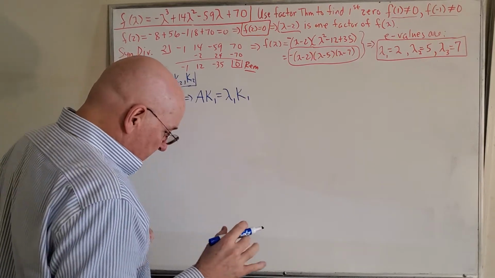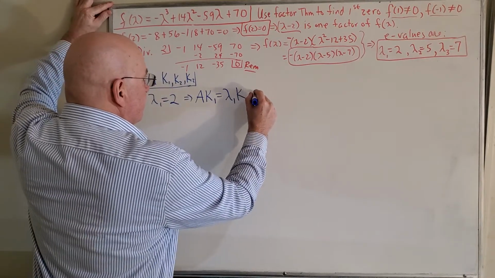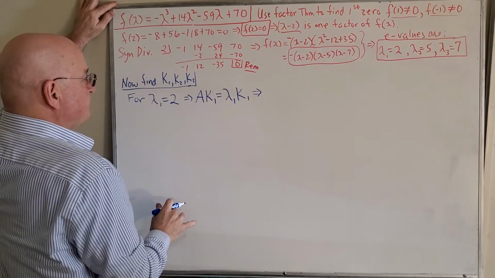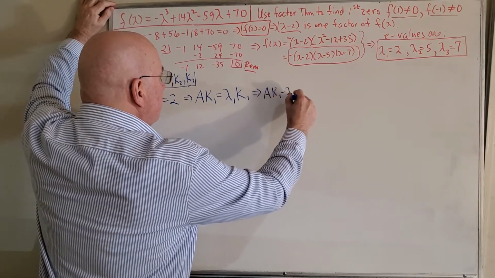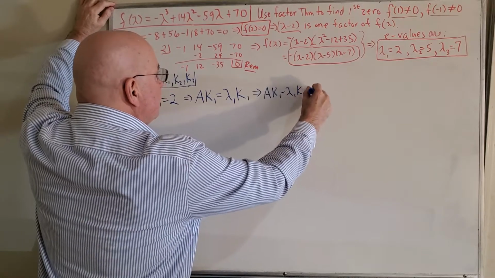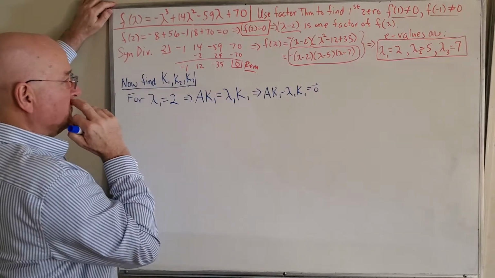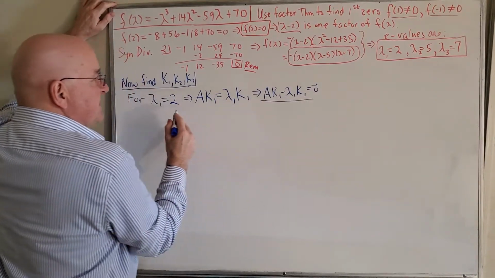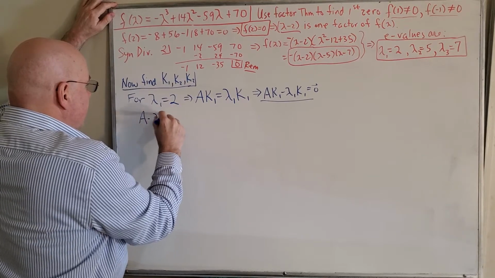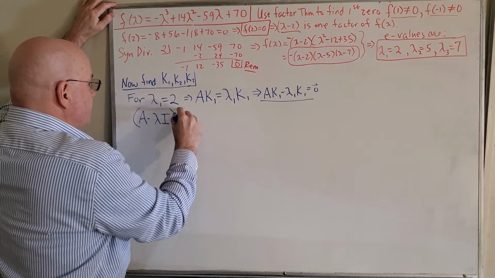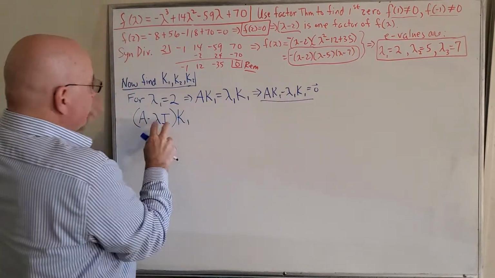Now, I think I did this in a previous video, but that means that, maybe I'll go to the right one more time, save some room down here, that A k1 minus lambda 1 k1 equals 0, and that's the 0 vector. So from here, we say that A minus lambda I times k1, I'm factoring the k1 out, and we have A minus lambda 1, but they're different terms.